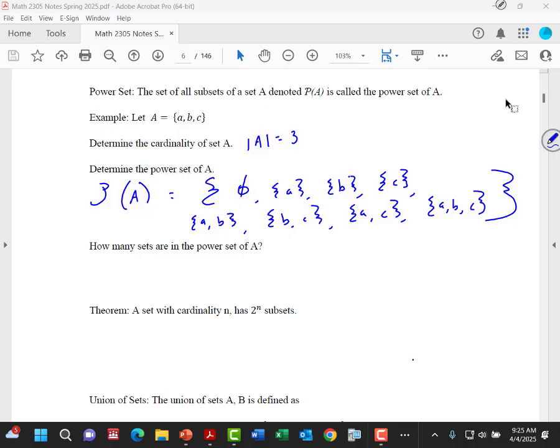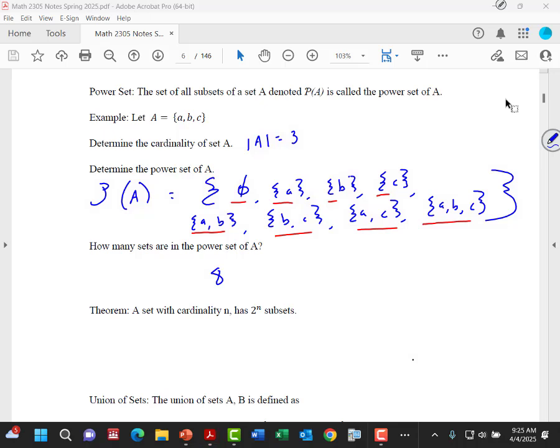And so I want to count how many sets are in the power set of A. So I have the empty set. I have 3 sets with 1 element. I have 3 subsets with 2 elements. And then I have 1 subset with 3 elements for a total of 8.